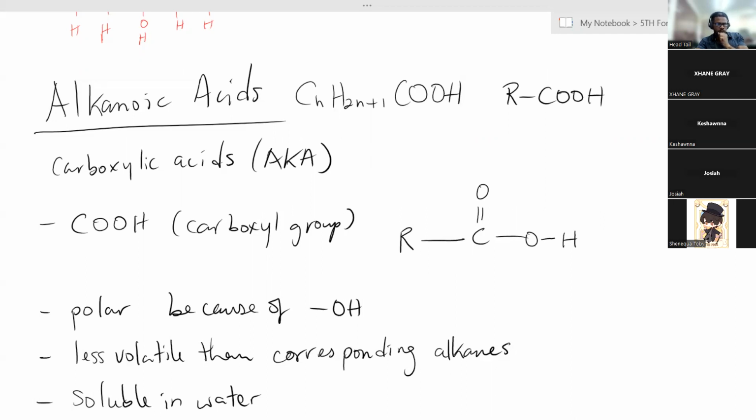So you are correct, because of the hydroxyl group. Can you tell me what exactly about that hydroxyl group makes them soluble? We're looking for a word that would help you there. Why does it make it soluble? I just want to push a little bit. The polarity. All right, nice. You are correct. The polarity.